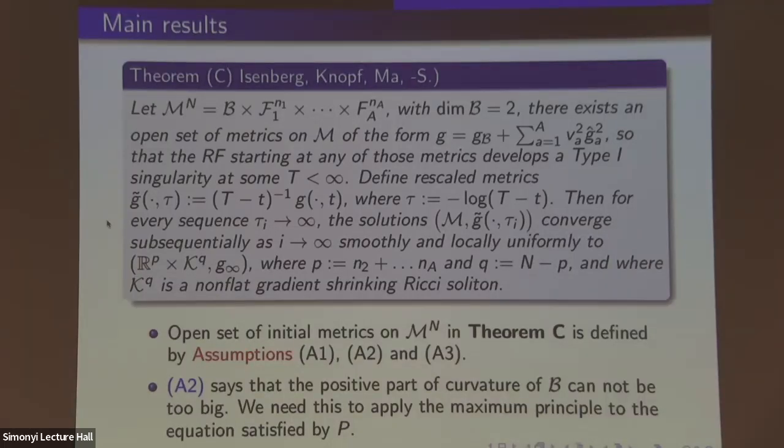Because if it's over a one-dimensional base, this is very well understood. If it's over a two-dimensional base, it is not known yet. And I'm just going to say that if you consider Einstein metrics, that has been done, and the classification of such things is very well understood in the case of Einstein metrics.